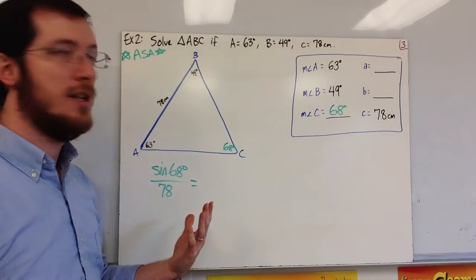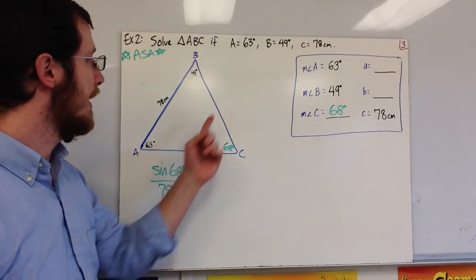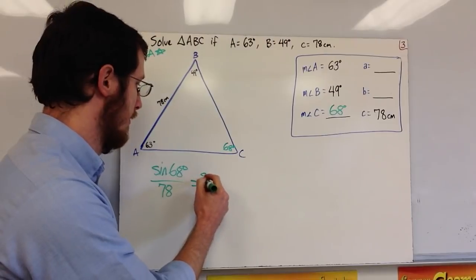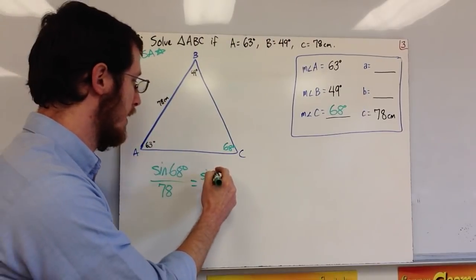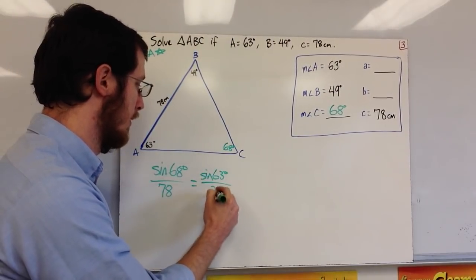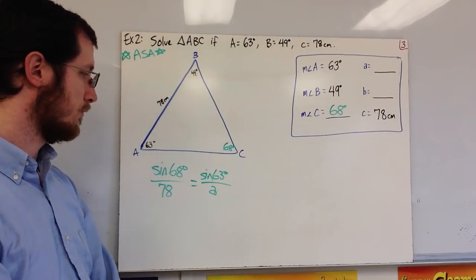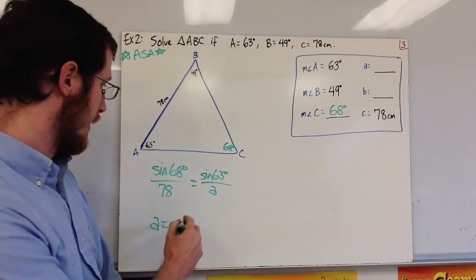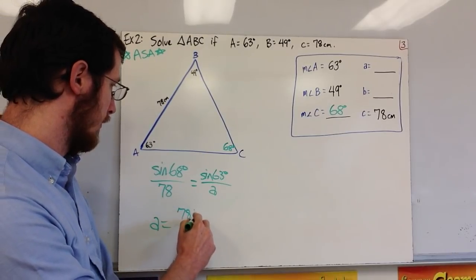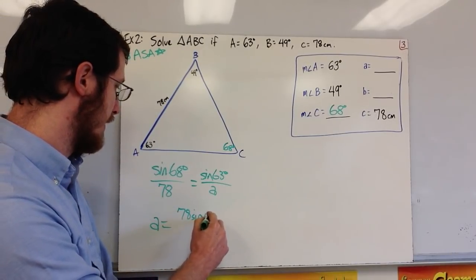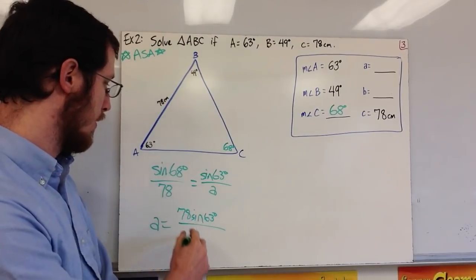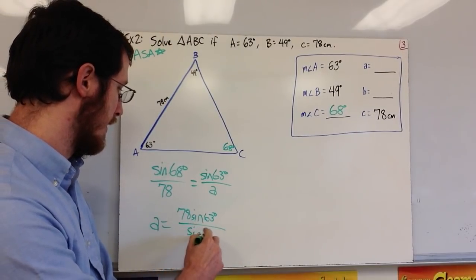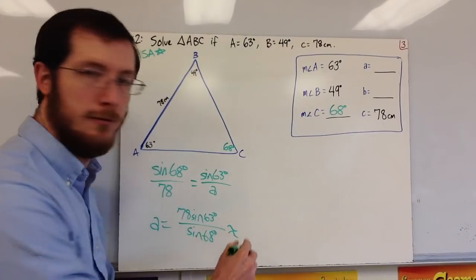Okay, and we get to choose what we want to solve for first. We're looking for a little a and a little b, so I'm going to start with a. So we know big A. We're looking for little a. Alright, cross multiply, solve for a. We get 78 sine of 63 degrees over sine of 68 degrees.